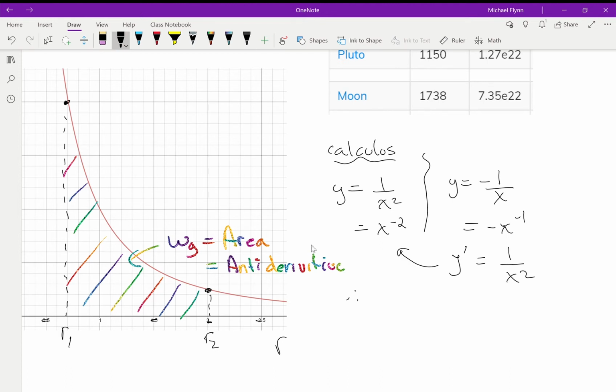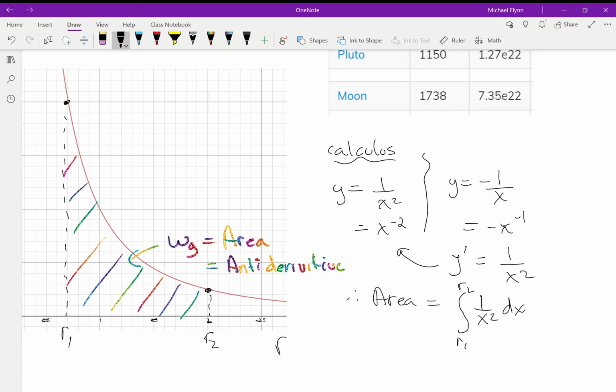So therefore, the antiderivative, the area under the curve, would equal, now what you do is you write the antiderivative like this. Now this is going to look very confusing. This is actually called taking the area. We write it like this, and you're going to evaluate it between R1 and R2.